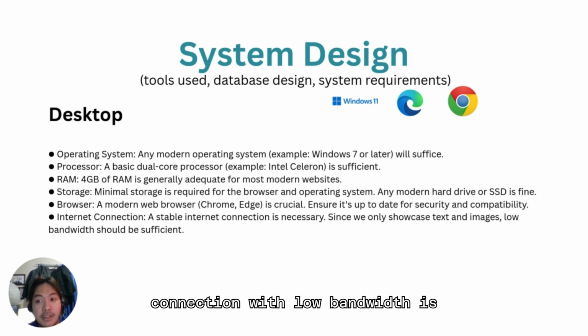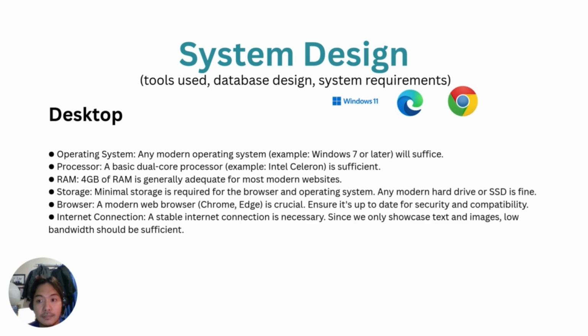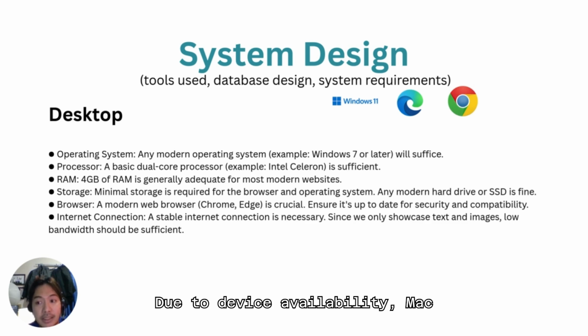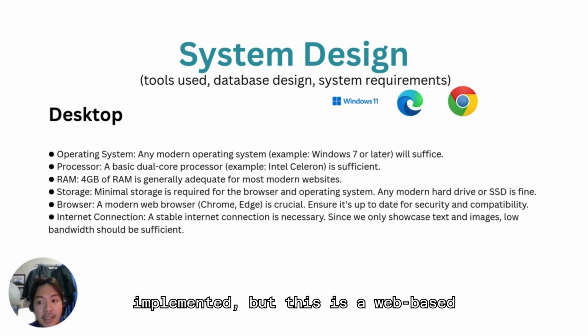A stable internet connection with low bandwidth is sufficient since the focus is on showcasing text and images. Due to device availability, macOS and Safari testing is not implemented, but this is a web based application, so they should be able to access our website with no problems.